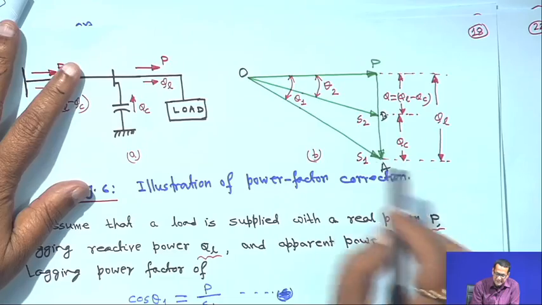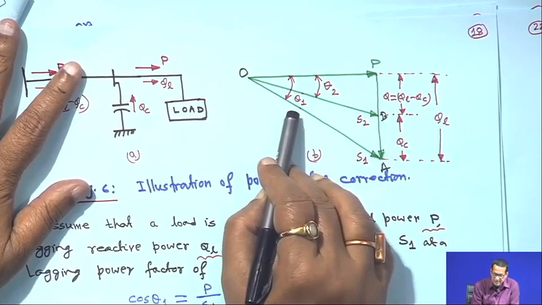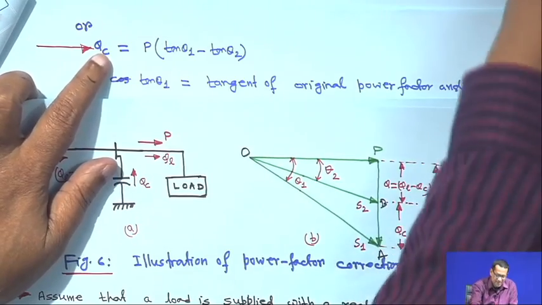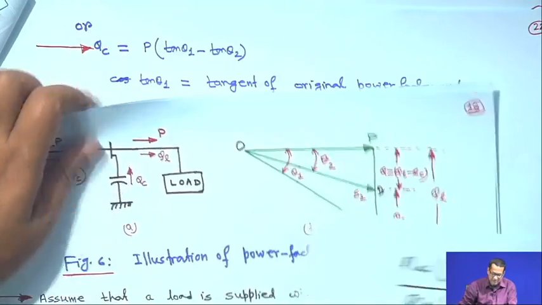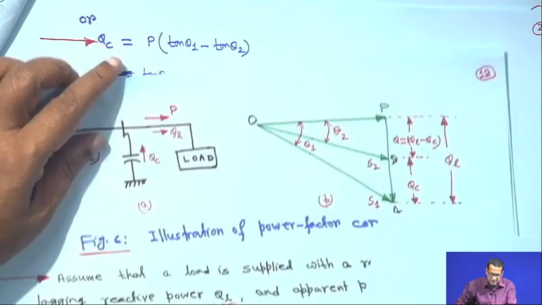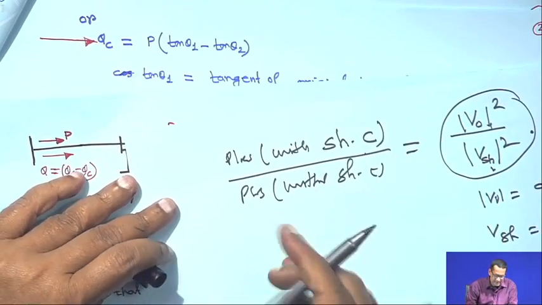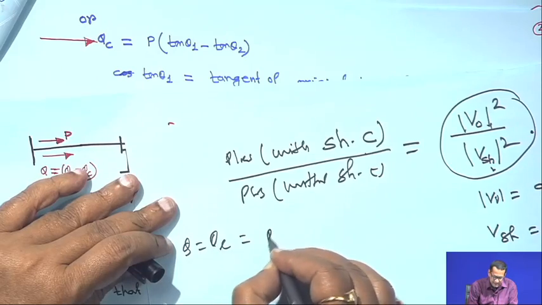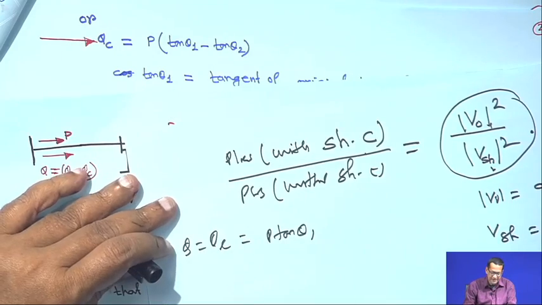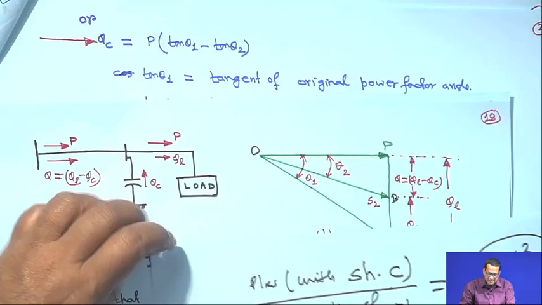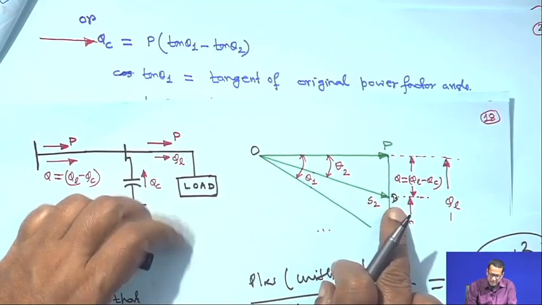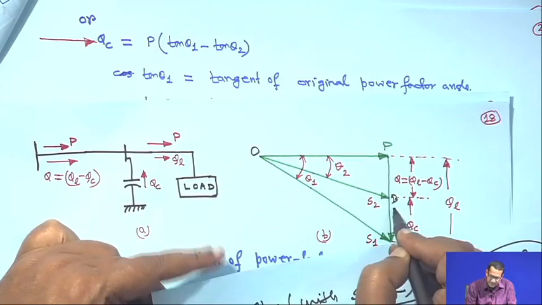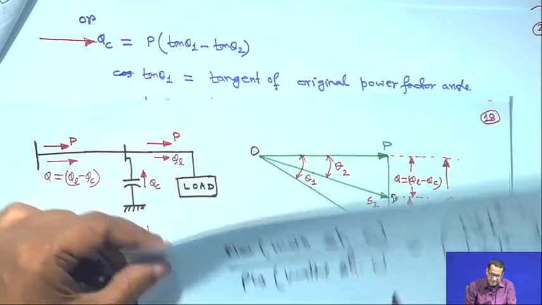So, what will be QC? Initial power factor was theta 1, right. So, the initial Q, that is QL, is equal to P tan theta 1, right. Then the new power factor is theta 2, right. That means this much is PB.